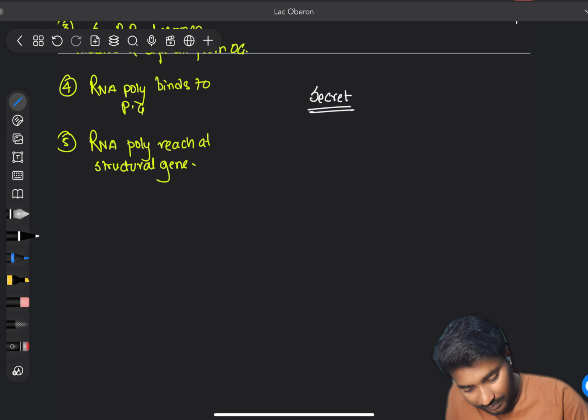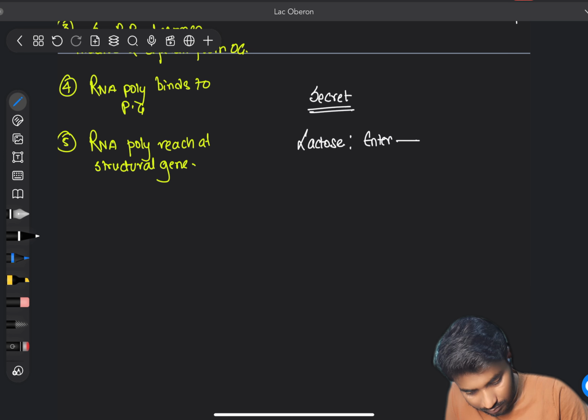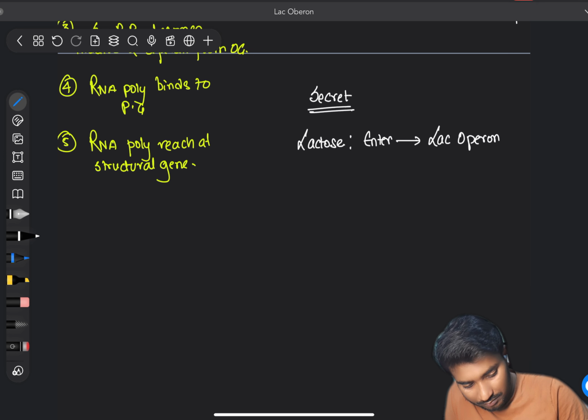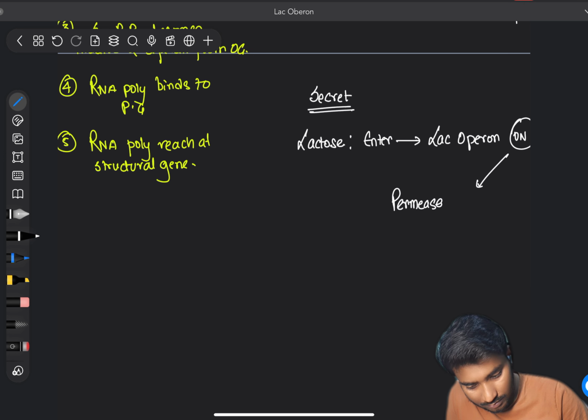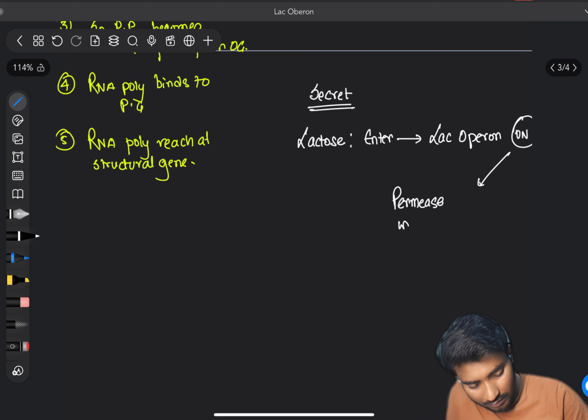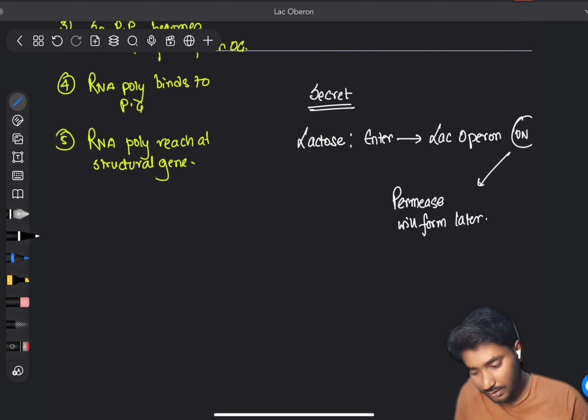What is the secret? Lactose enters, Lac Operon on, permease will form later. Okay.